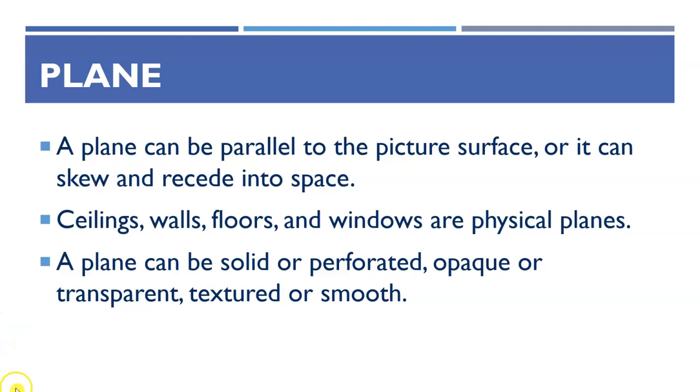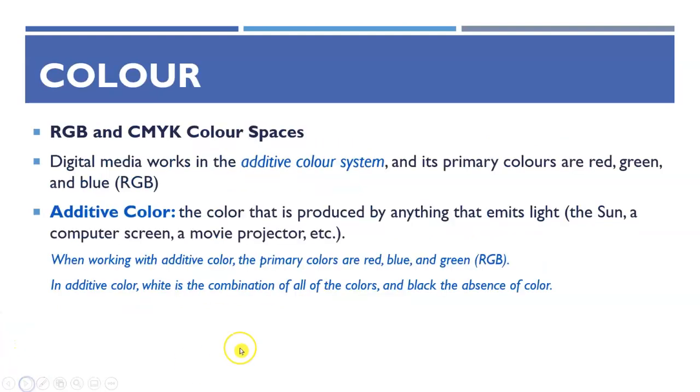Alright, we're now going to progress to another element, the element of color. Now very important, especially when you're dealing with digital art, you want to pay attention to what are called color spaces. So the two primary ones, the two dominant ones, are the RGB color space and the CMYK color space.